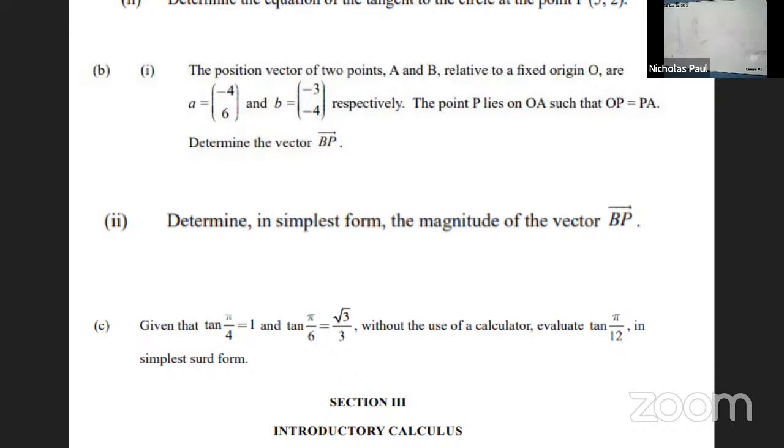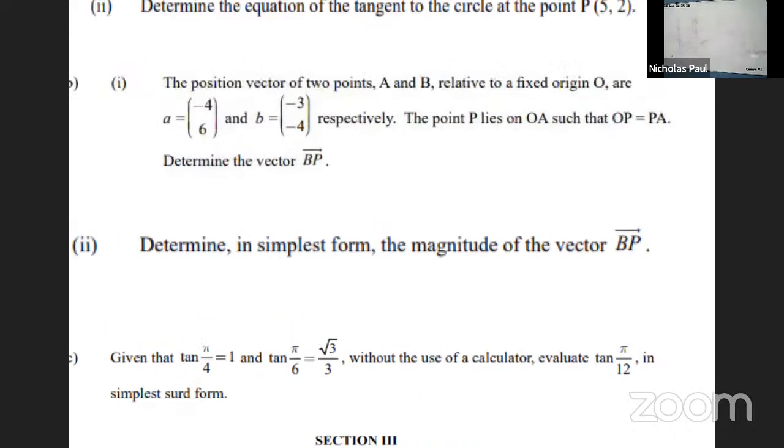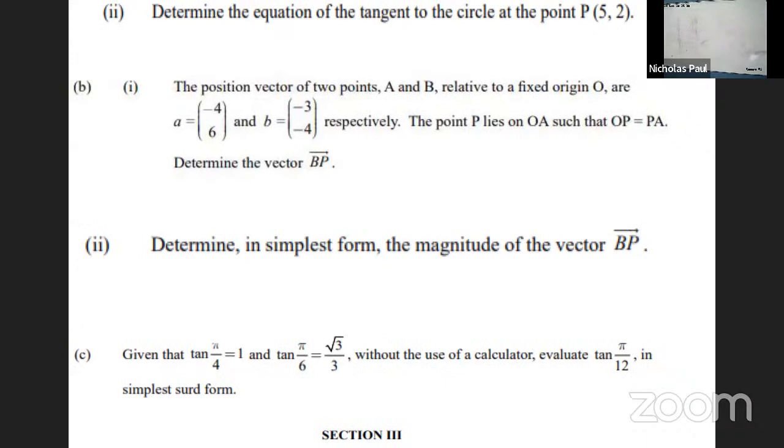You have to find BP. So draw a little diagram so you'll know how to find BP.